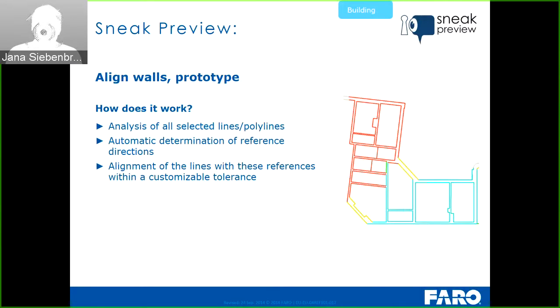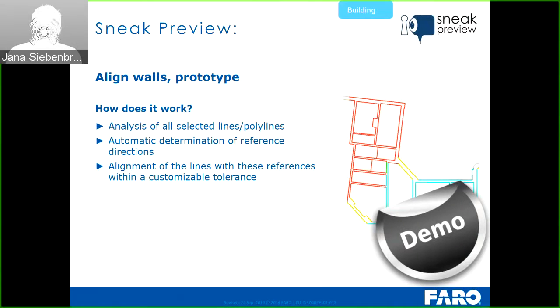The tool works as follows. First, you select all the lines that you want to align or make perpendicular, and the tool then analyzes those lines and polylines, determines the reference directions, and then aligns the lines with these reference directions within a customizable tolerance.